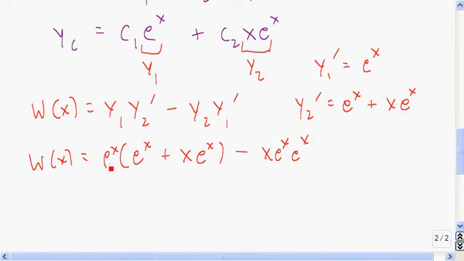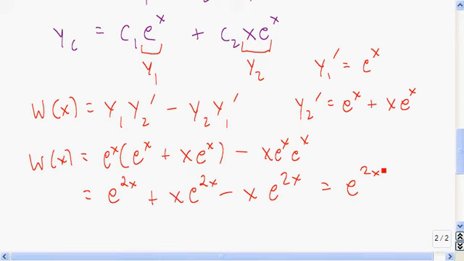If we distribute here, we get e^x times e^x, that's e^(2x), plus x e^x times e^x, so x e^(2x), minus x e^(2x), so that's just equal to e^(2x). So that's what the denominator is going to be in both of our integrals.